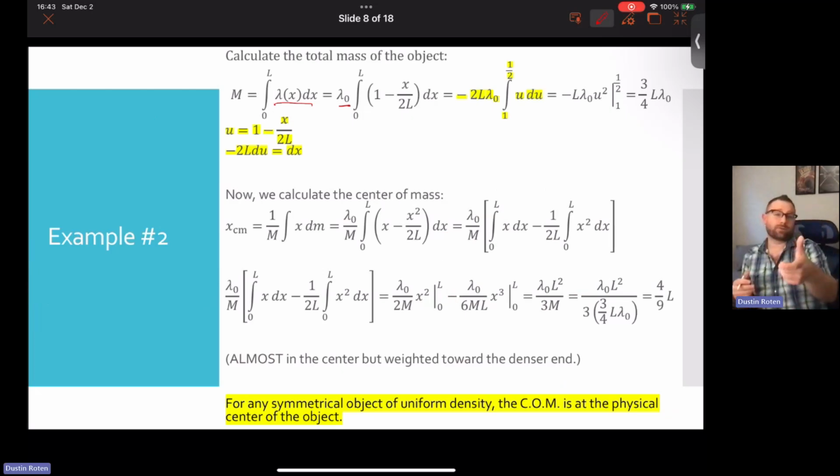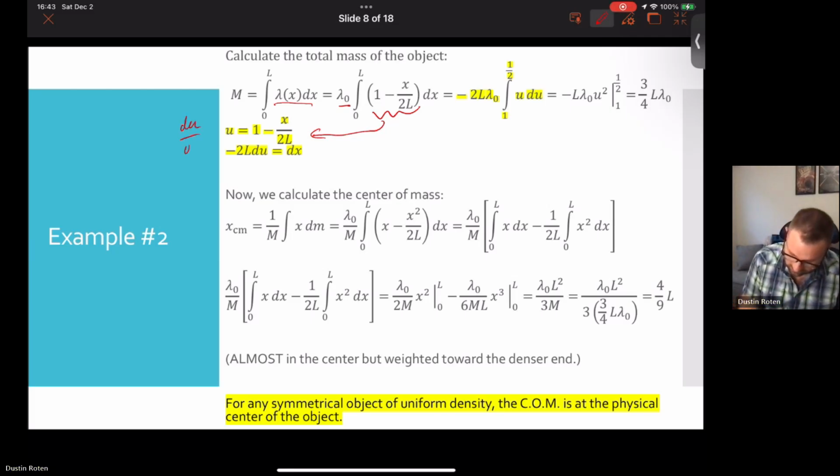Okay, so I pulled that out front. Now I have this sort of gross integral in here. So I've highlighted it, and what I'm going to do is just a simple u substitution. So I take all of this, and I just say, well, that's equal to u, and then I can do a u substitution, calculate my du dx, and then just solve for dx, get dx by itself.